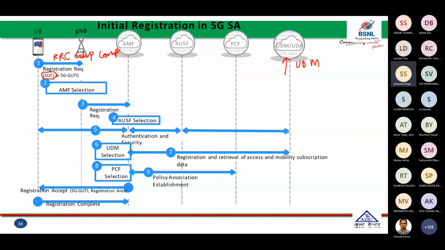So who does the registration? AMF does the registration, the Access and Mobility Management Function. So the gNode B selects the AMF. Actually, 5G supports the network slicing function. There are many logical networks, so there are different AMFs for different logical functions, different network slices. There is another subscription identity known as the NSSAI, Network Slice Selection Assistant Identifier, that is also sent with the registration request.